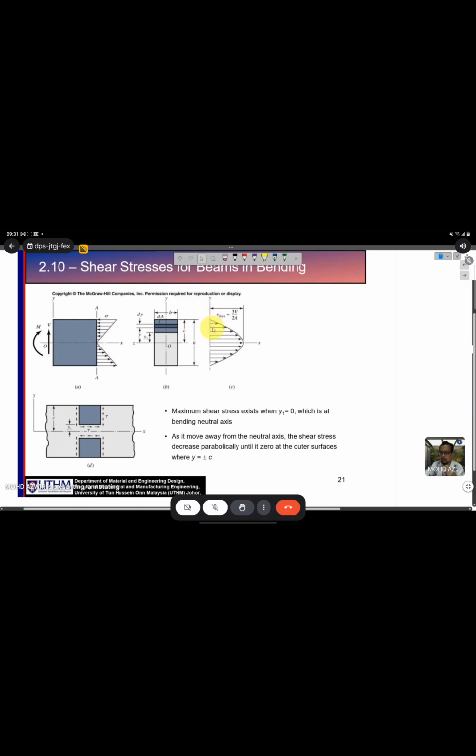So how do we calculate the shear stress actually? The maximum shear stress is at the neutral axis, and it depends on the geometry of your beam. If the geometry is a rectangle, this is the value you're going to use, 3V divided by 2A. If using a circular beam, 4V divided by 3A.